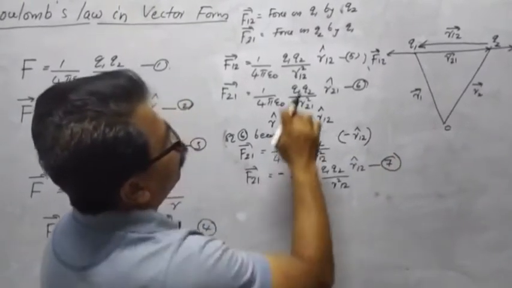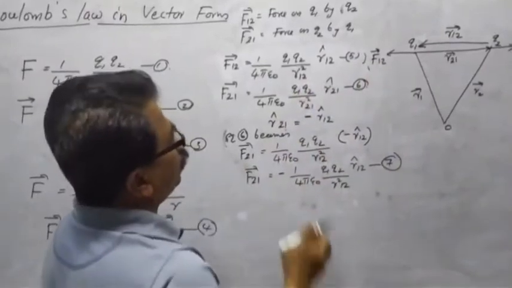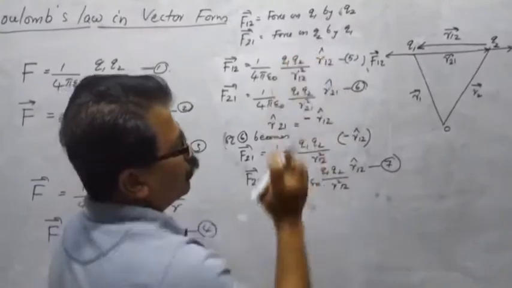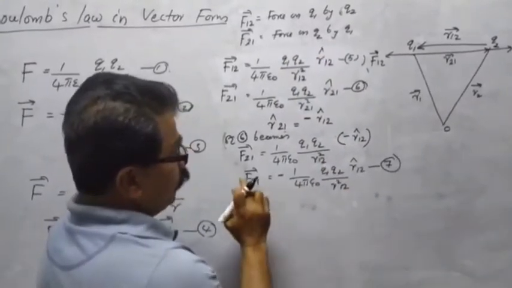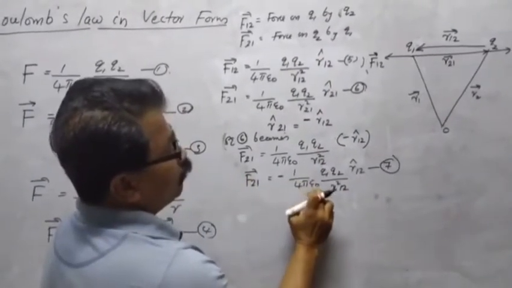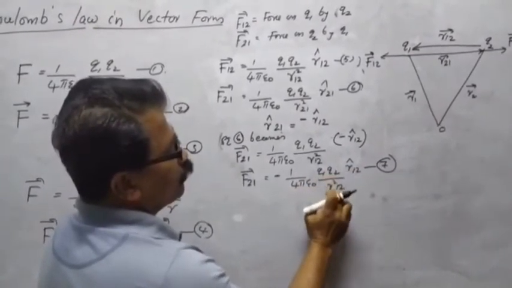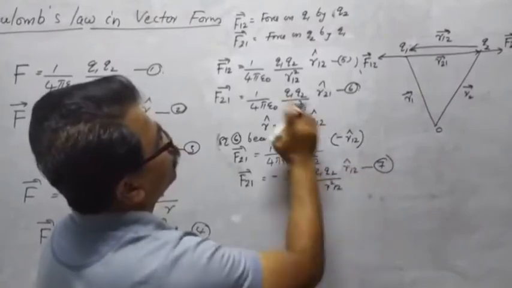So, look at equation numbers 5 and 6. F12 is equal to 1 by 4 pi epsilon 0 Q1 Q2 by R square 12 into cap R12. Equation number 7, F21 equal to minus 1 by 4 pi epsilon 0 Q1 Q2 by R square 12 into cap R12.